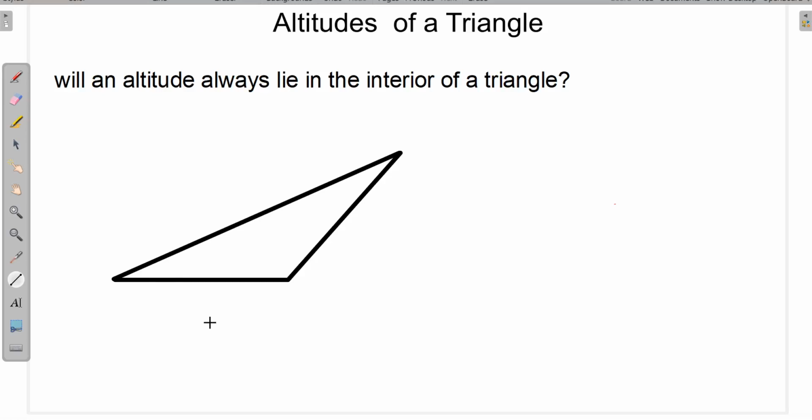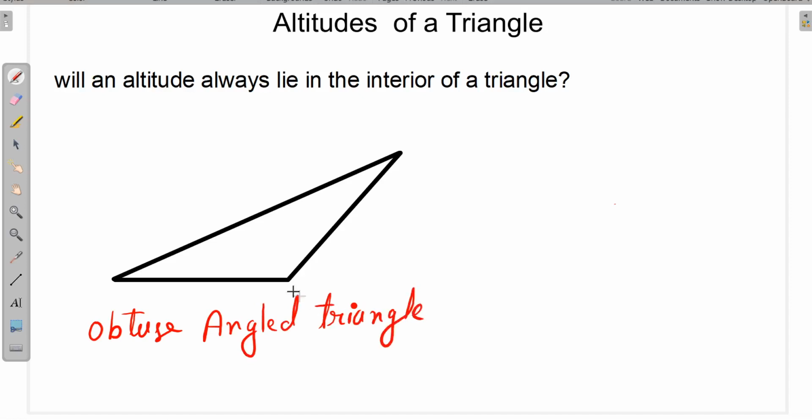If any one angle in a triangle is greater than 90 degrees and less than 180, then that is an obtuse angle triangle. So this is the obtuse angle triangle, because one angle is greater than 90 degrees.